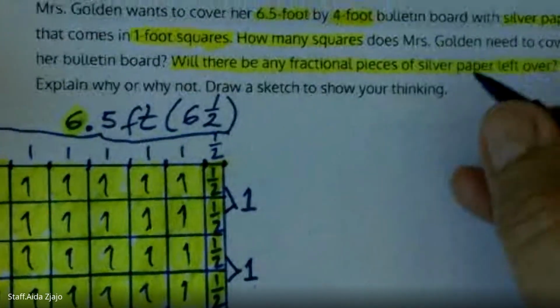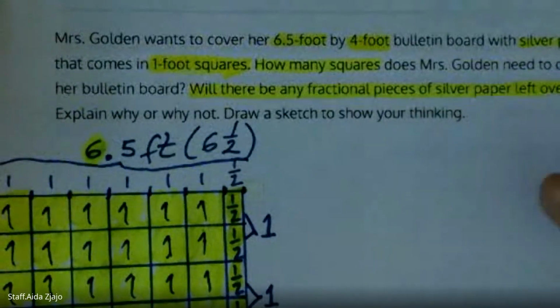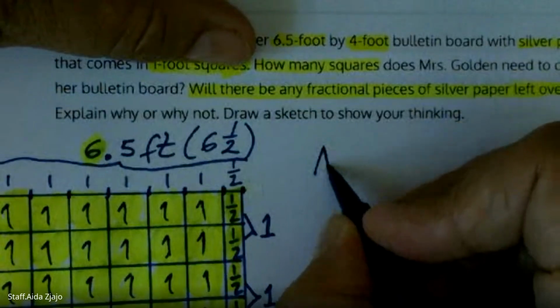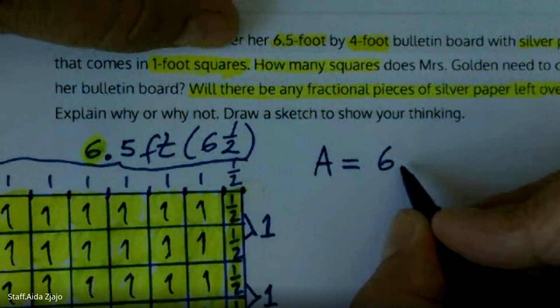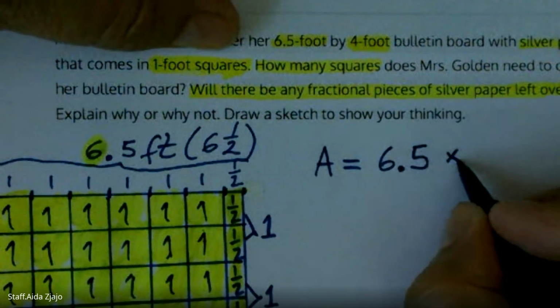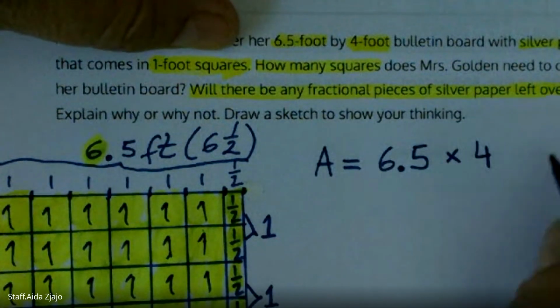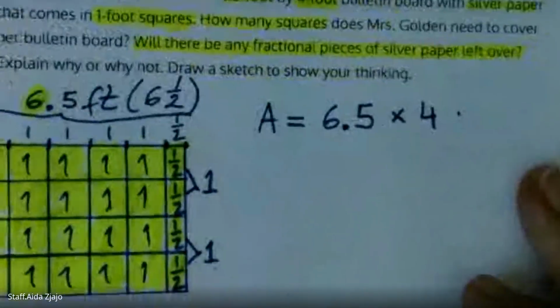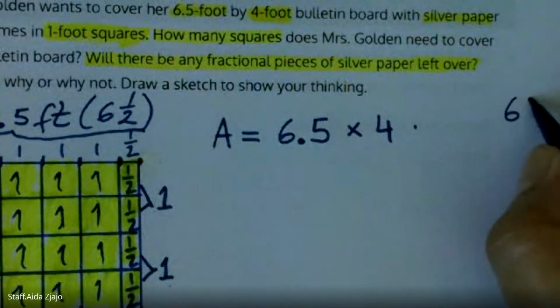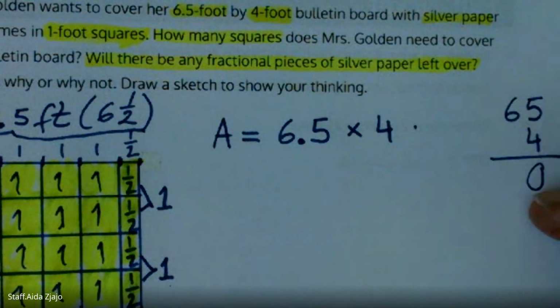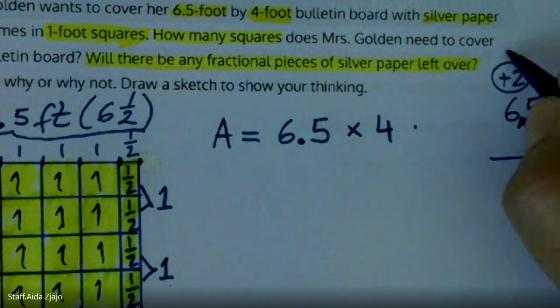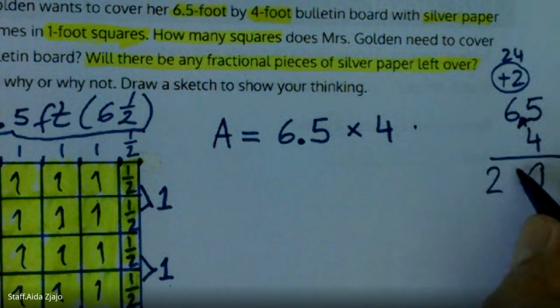Okay, and then we will do the mathematics. Let's see if that is the bulletin board, the area she needs covered. Let's see if she had 6.5 times 4. If you like, you can do 65 times 4. 5 times 4 is 20. Remember 2. 4 times 6 is 24, plus 2 is 26.